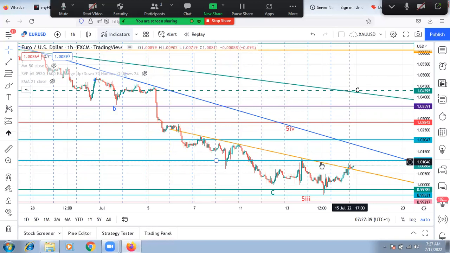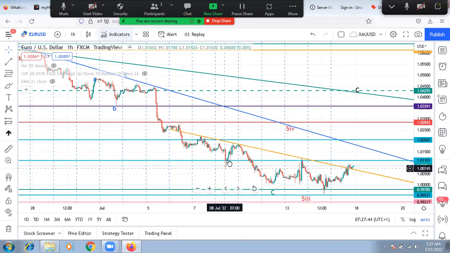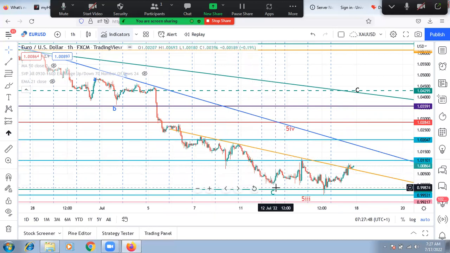Now, for the ending structure, this one came down as a 1 and a 2, and this one came down as a 3, and this like a 4th, and this one appears to have come down here like a 5th.